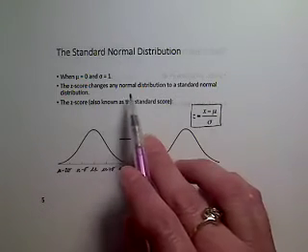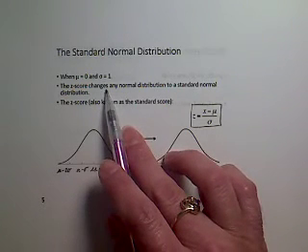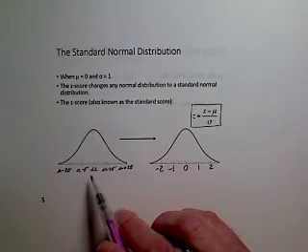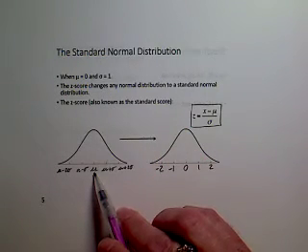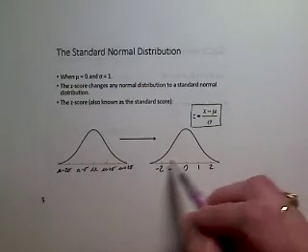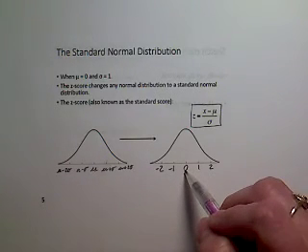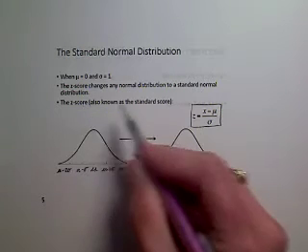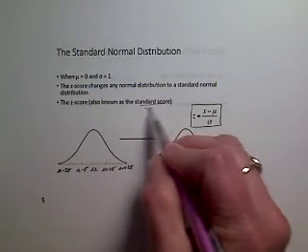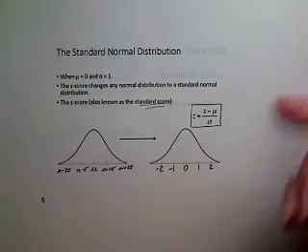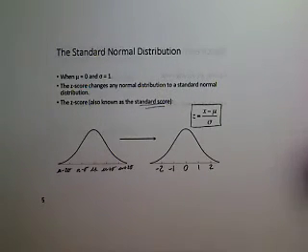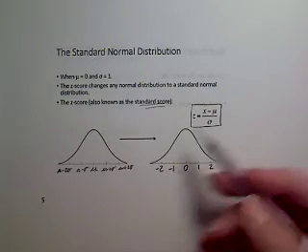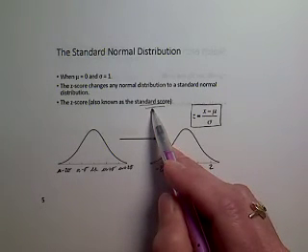Okay? So we're going to take our problems and we're going to change from an x value with a mu and a sigma into a z-score, which shows the number of standard deviations from the mean. And this z-score, because it's standardizing the data, is called the standard score. So I just call it the z-score because that's a nice easy way to remember it, because that's what you're finding. Your book will sometimes say find the standard score.